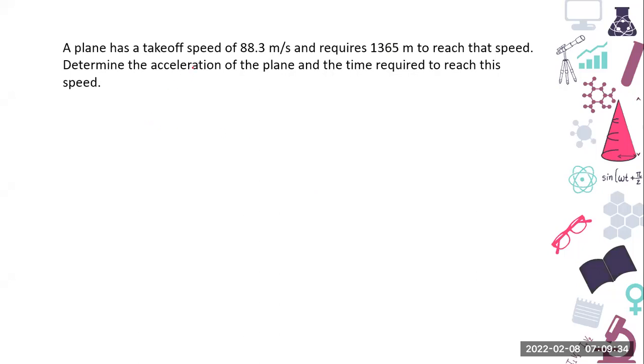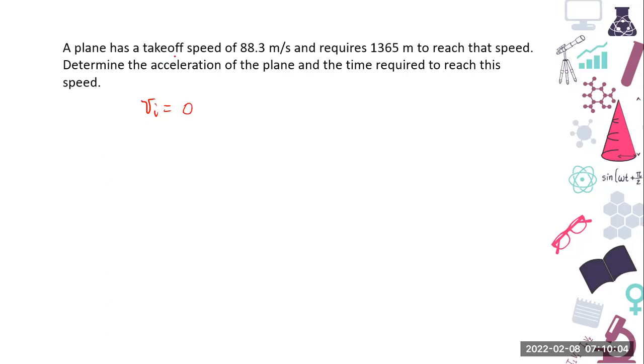Okay, as I've said, it's just easy to use those formulas that we were just shown earlier. All we have to do is really get the given quantities already available in the problem. We can see a takeoff speed of 88.3 meters per second. We can say that, of course, the plane starts from rest. We can assume that initial velocity is 0.